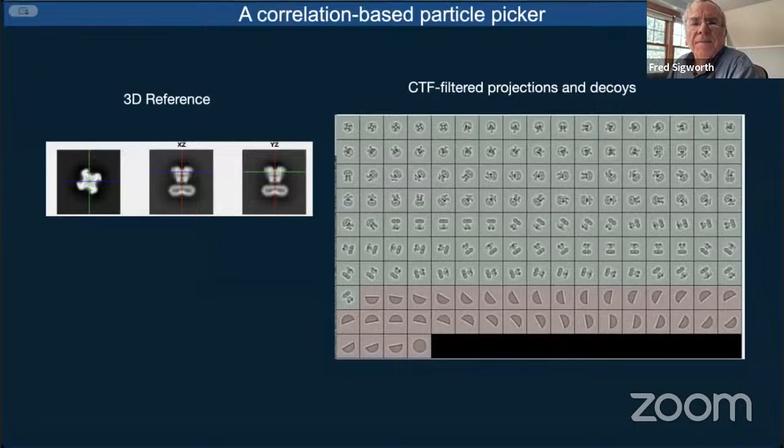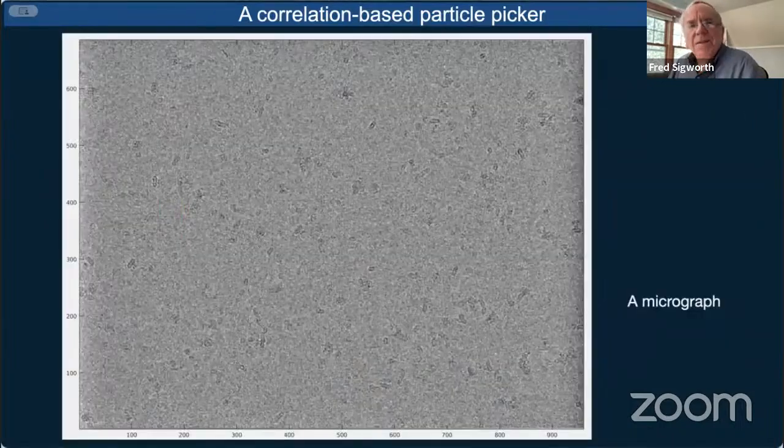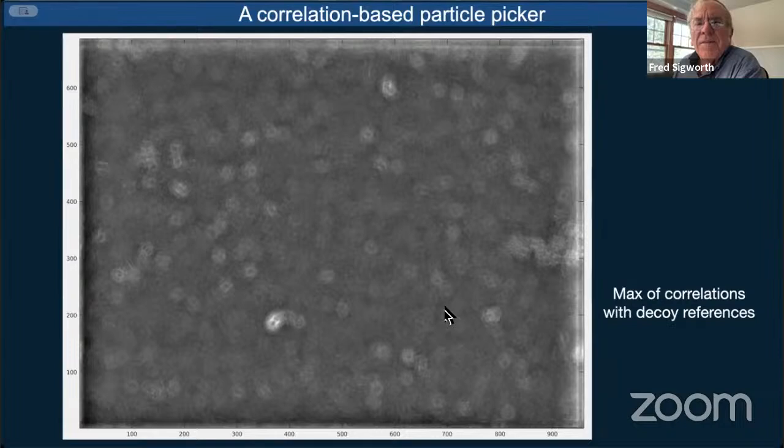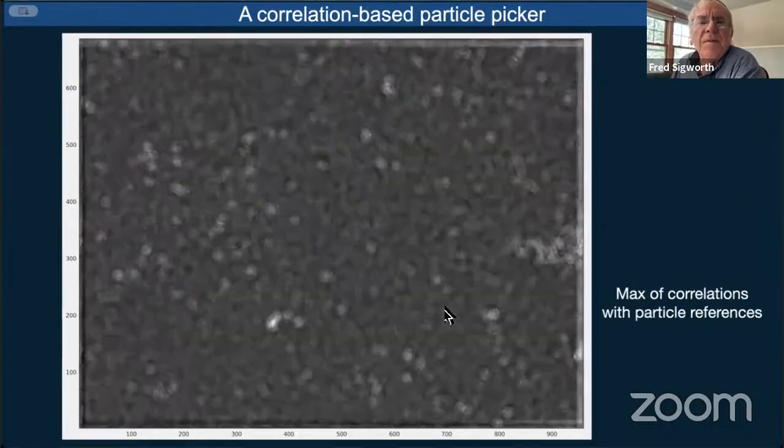So here's an example of a particle picker I wrote. We have a whole bunch of projections of a 3D object, and I also made some decoy objects so that it will try to find the objects and try to find the decoys. So here is the maximum of the correlations with the decoy references.